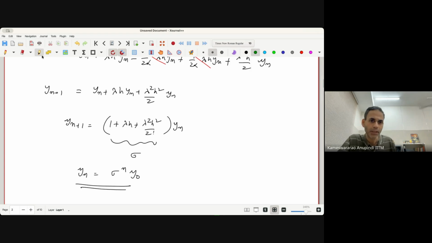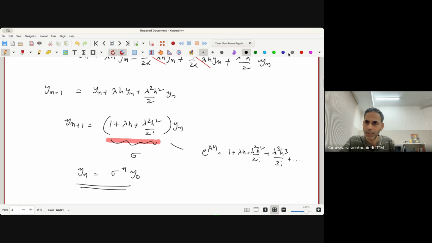Now, by comparing this quantity, 1 plus lambda h plus lambda square h square by 2, with the exact solution, e to the power lambda h, which is 1 plus lambda h plus lambda square h square by 2 factorial plus lambda cube h cube by 3 factorial and so on.